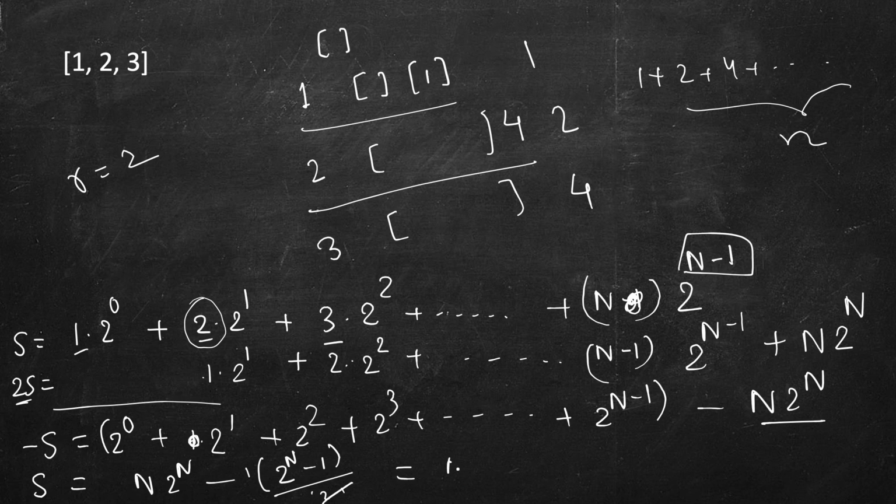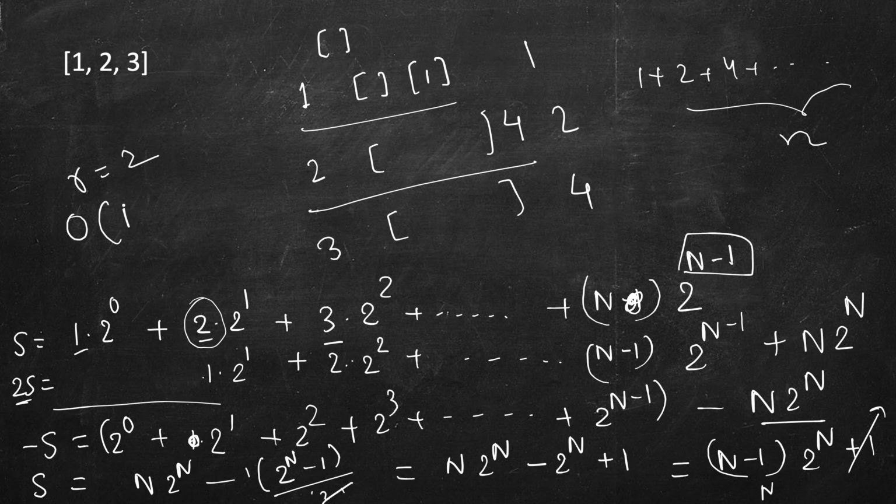So what is this term? It is n 2^n minus 2^n plus 1. Take 2^n common: n minus 1 times 2^n plus 1. You can ignore the 1 in time complexity analysis, and n minus 1 you can think of as n. So it's of the order of n times 2 raised to the power n.